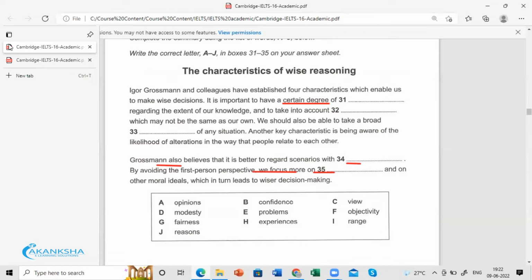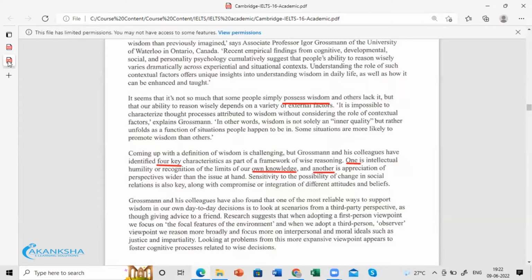that for that certain degree of, we need to find out a synonym of that word here. Recognition of the limits of our knowledge. Intellectual humility. So what word could we connect to our knowledge here?